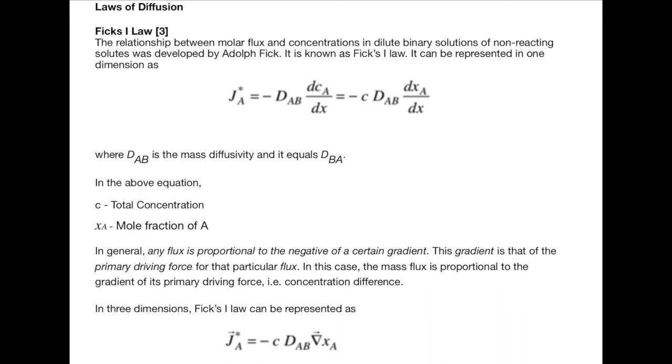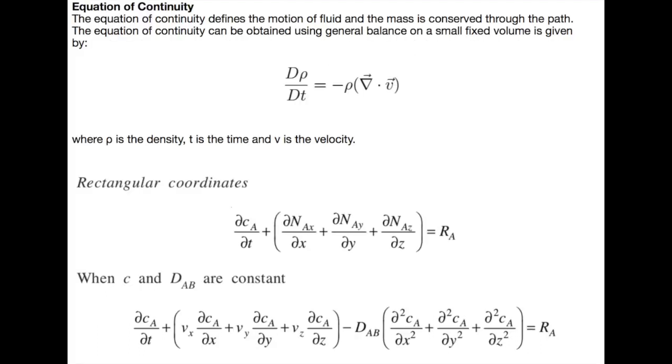D_AB is diffusivity, where D_AB equals D_BA, meaning the diffusion that occurs by transporting the particle from A to B. dC_A by dx is the concentration gradient. This is Fick's law, which we'll be using majorly. And there is the equation of continuity, which is derived from the law of conservation of mass.